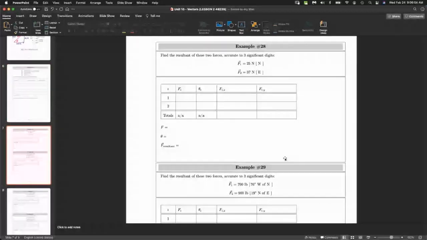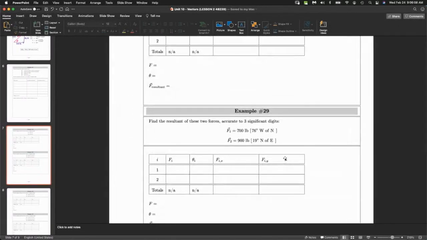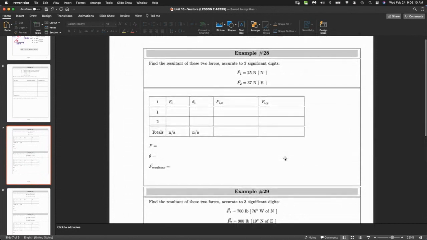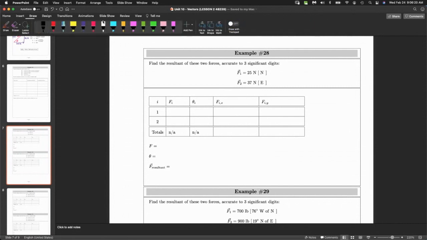We're going to actually go to question 28 now, and let's see how this works out here. So this table here is just something that I've created that streamlines the process that you saw in the previous pages. In this question, it's a bit ridiculous to use components to add these vectors together, because this one faces north and that one faces east.